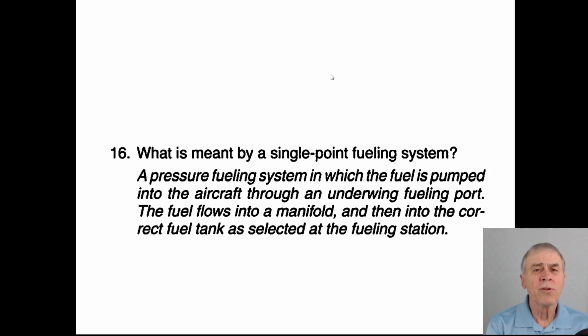A pressure fueling system, yes, we got that, in which the fuel is pumped into the aircraft through an underwing fueling port. The fuel flows into a manifold and then into the correct fuel tank as selected at the fueling station. Well, we didn't quite say it exactly like that, but we did say that we can fuel more than one fuel tank.